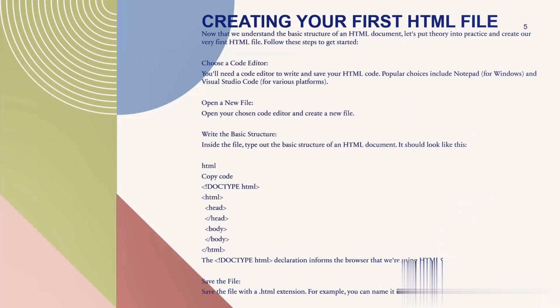It should look like this: doctype HTML, head tags, and body tags, which is the basic structure of an HTML file. And the last thing we have to do is save the file with a .html extension. For example, you can name it index.html so the browser can read it.